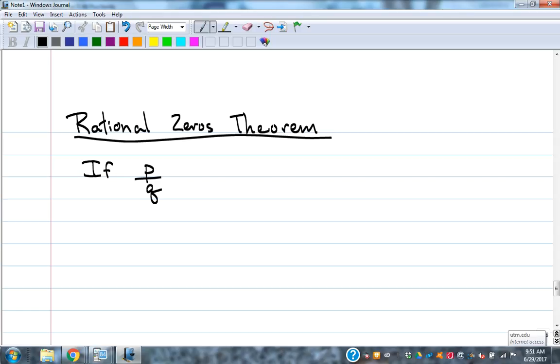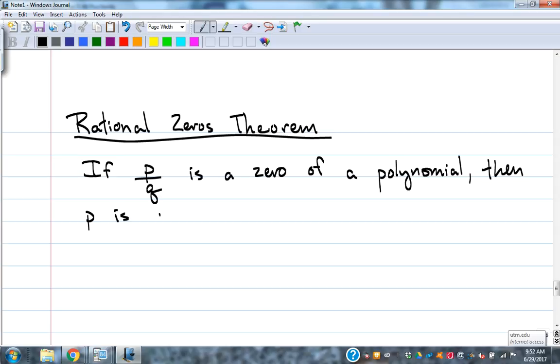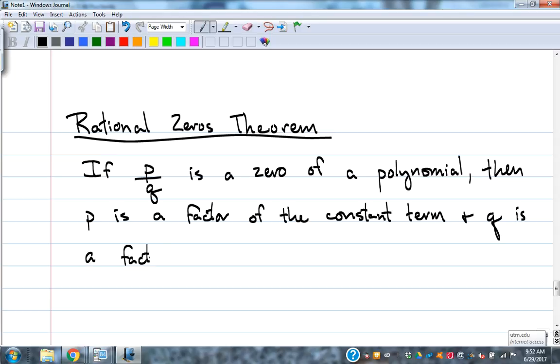But the rational zeros theorem, what it says is if P over Q is a 0 of a polynomial, then P is a factor of the constant term and Q is a factor of the leading coefficient.